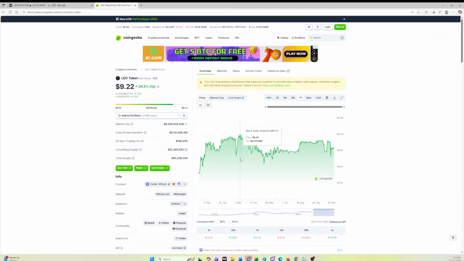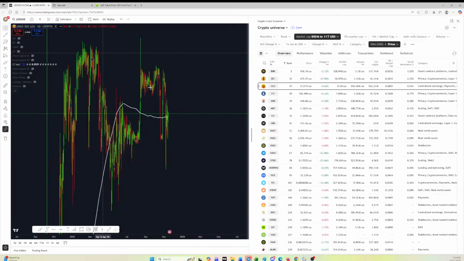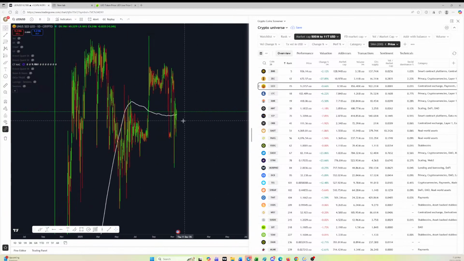It's gone sideways for a whole year. Probably not the best investment, but when it runs, it runs. Note to self: if you see Leo running hot, jump on. But for now, we're just going to leave it alone because it's done nothing but go sideways for so long.